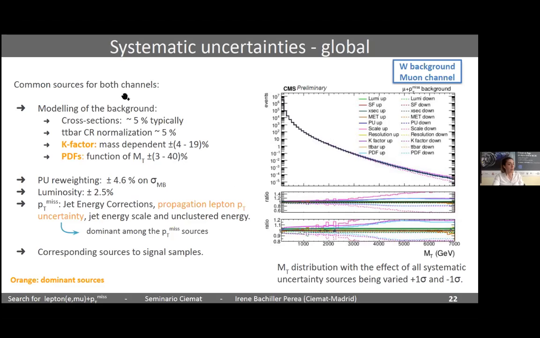There are common sources for both channels, in the electron and muon channel. The main sources are coming from the modeling of the background.